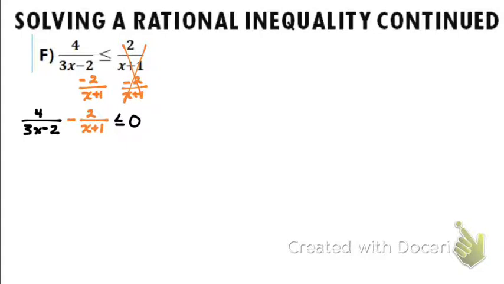What do I do from here? Yep, I'm going to need a common denominator. These two denominators don't currently have anything in common. So I multiply this first rational by x plus 1, top and bottom. The second rational by 3x minus 2, top and bottom.